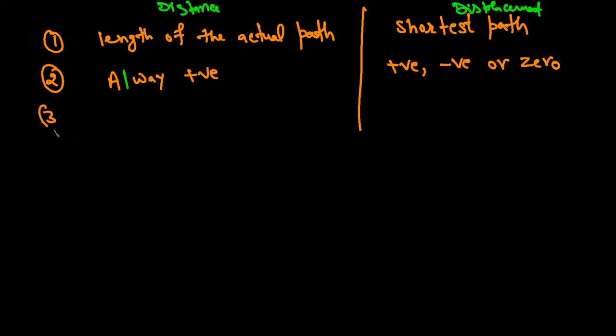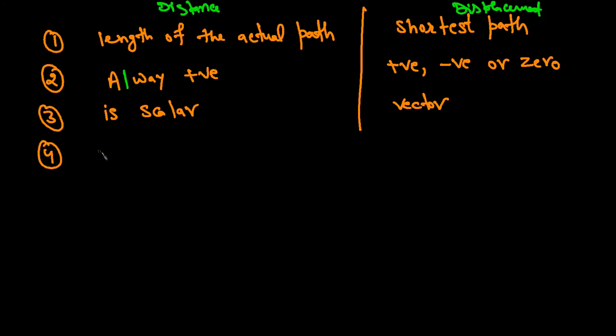The third difference is that distance is a scalar quantity. That means it has only magnitude, no direction, whereas displacement is a vector quantity; it has magnitude as well as direction.